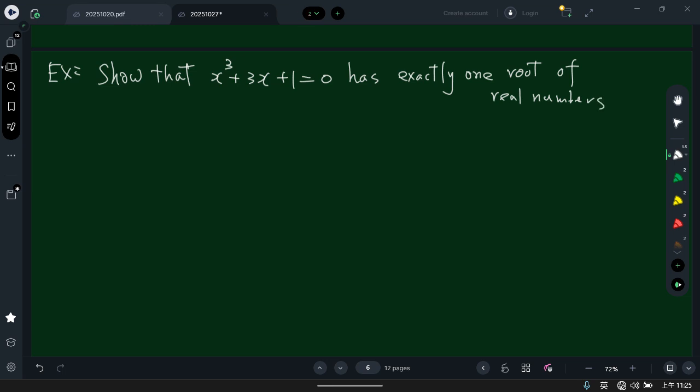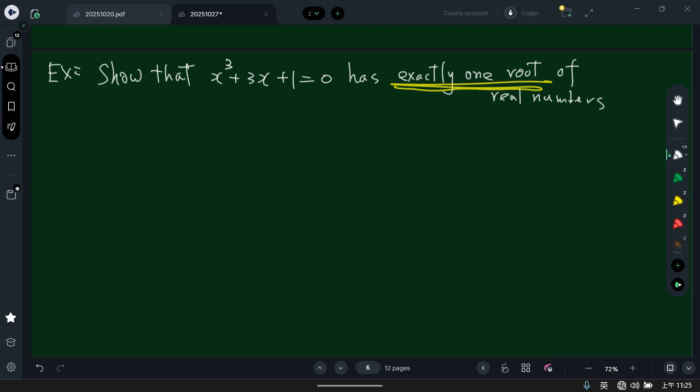So I believe we also faced the same problem earlier, right? At that time, we just asked you to simply show there exist roots there. We didn't ask you how many, right? But in this case, this problem asks us to show that there is exactly one. Exactly one.